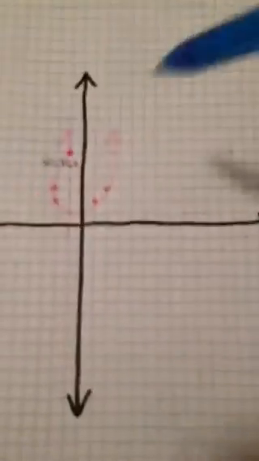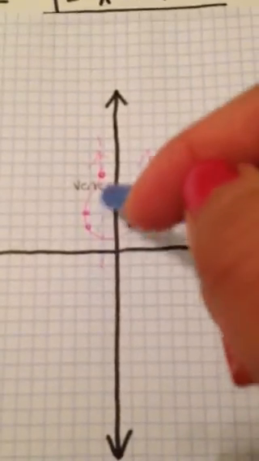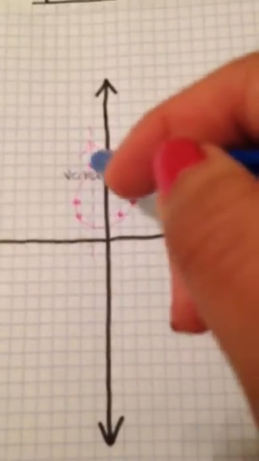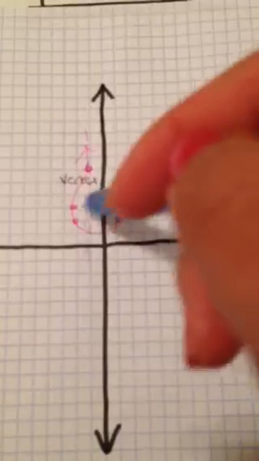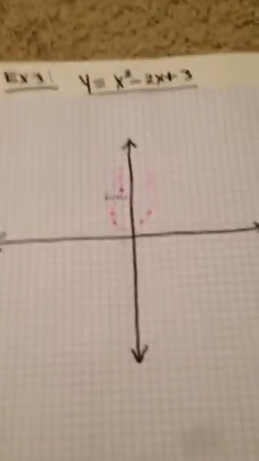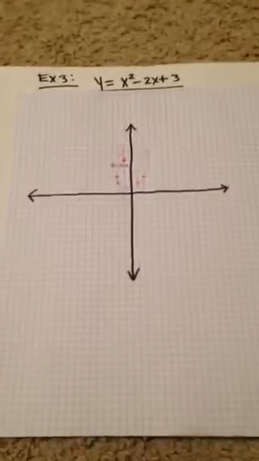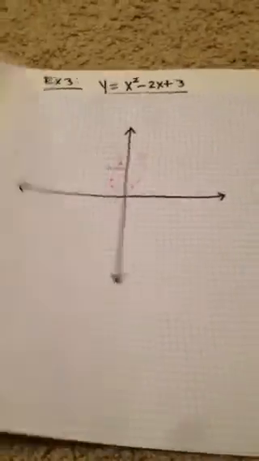Then we plot it right here. Your axis of symmetry was negative 1. Whatever happens here happens over here, and that is the parabola, the way it ends up looking. Of course, my drawing is not very precise, so if you think you can draw better, by all means, do it better than me.